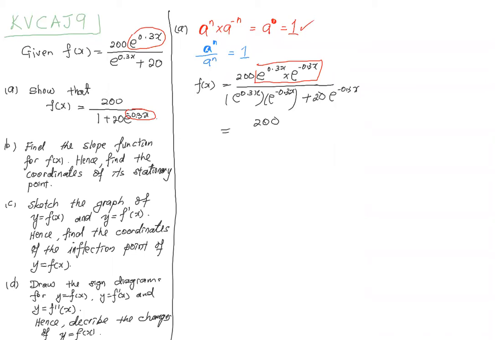Okay, so it's 200 divided by, here will be 1, plus 20 e to the power negative 0.3x. So this step is the one that will give you mark. Clear? Okay. Any question? No? Okay, then we go to the next part.